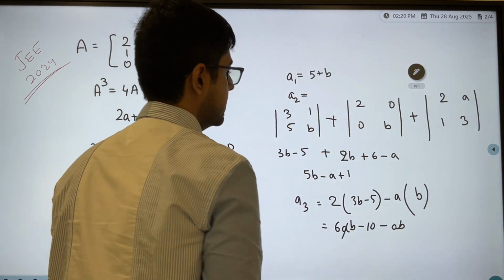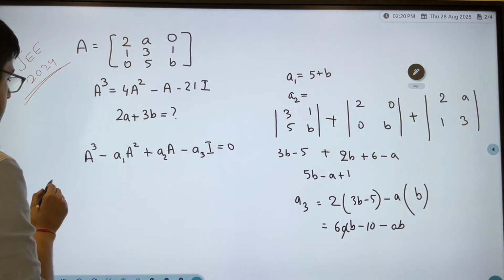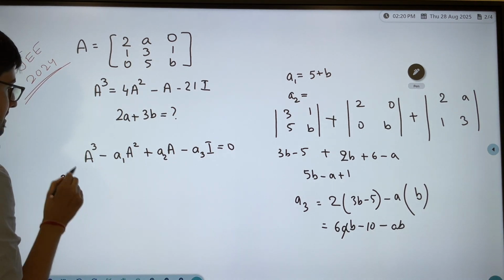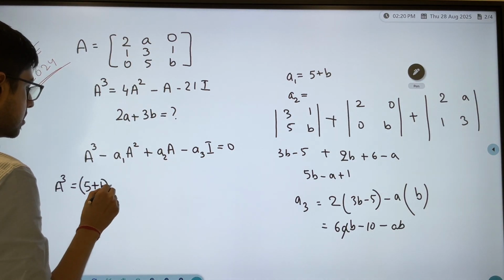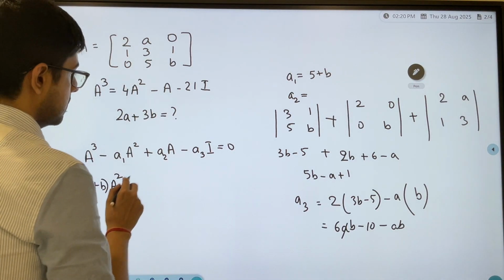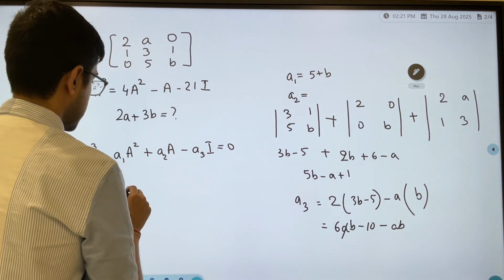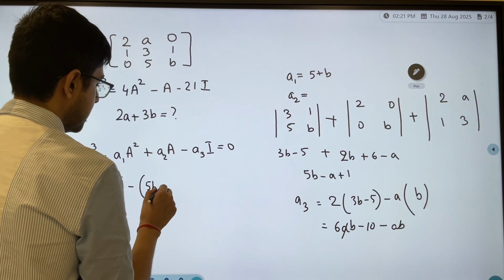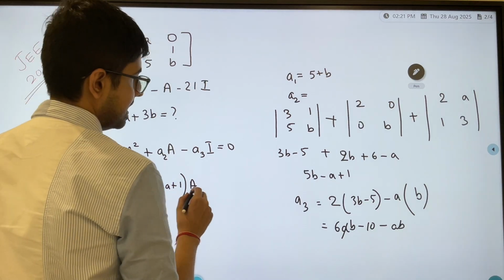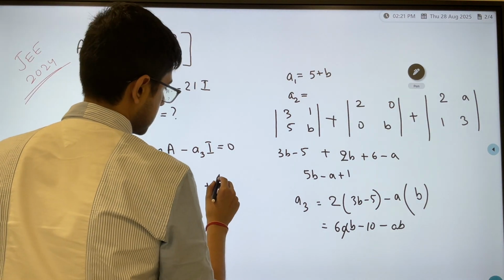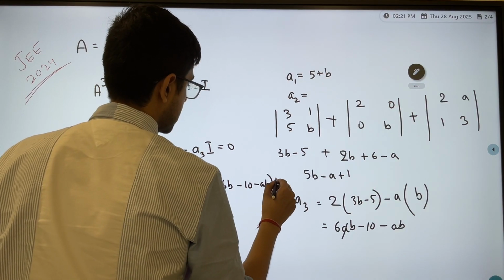So when I plug this in, I get A cube is equal to A1, which is 5 plus B, A square minus A2 into A, and A2 was 5B minus A plus 1, into A plus A3, which is 6B minus 10 minus AB into I.